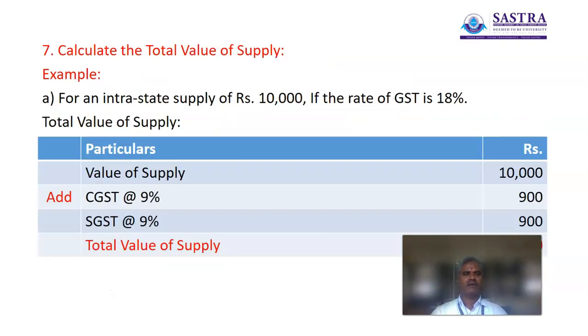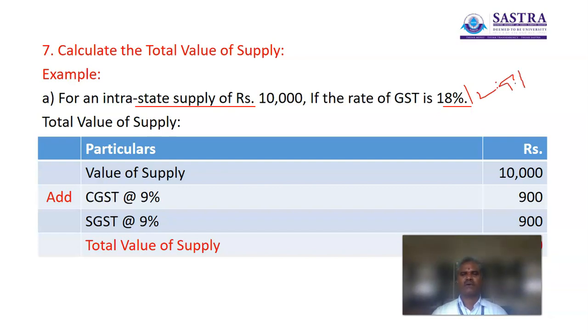Okay. Then calculate the value of supply. This is what we are going to calculate next, because we need to know the value of supply. For an intrastate supply of 10,000, if the rate is 18%, you have to divide it by 2. So you have to charge 9% for both.